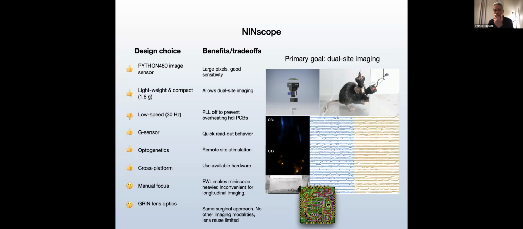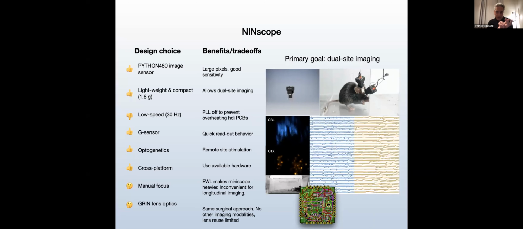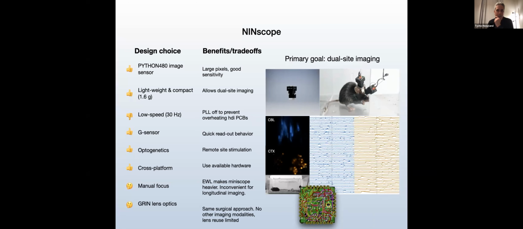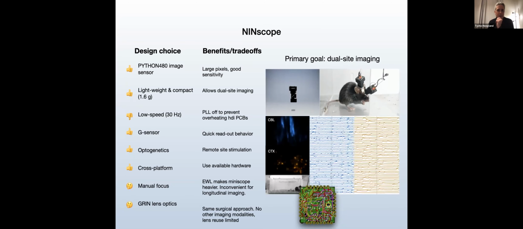So we designed it from scratch ourselves, but basing ourselves, of course, on already available open source technologies, such as the UCLA Miniscope project. Through the very pleasant interactions with all these people in the open source community, we were able to determine what are the best sensors to use in our Miniscope.